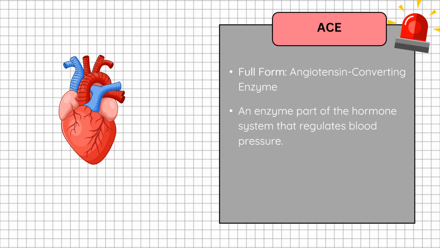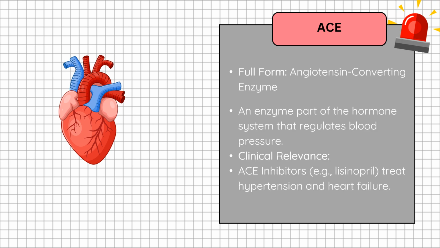Now, the clinical relevance is that ACE inhibitors are given to treat hypertension. For example, lisinopril is an ACE, or angiotensin converting enzyme, inhibitor that is given to patients with hypertension and heart failure.